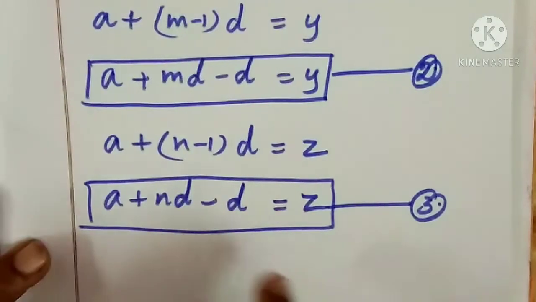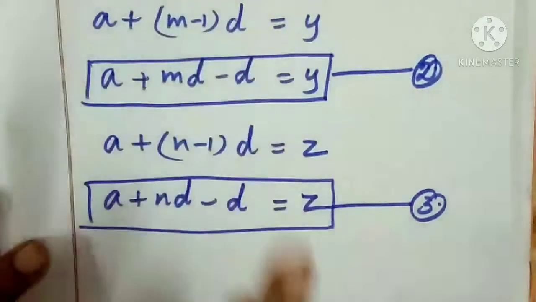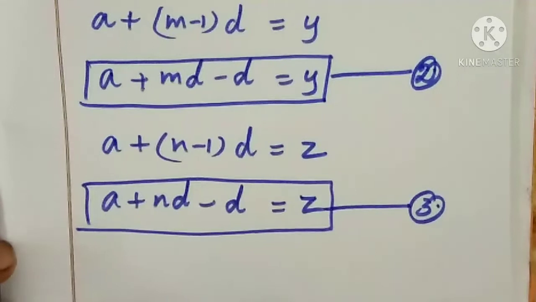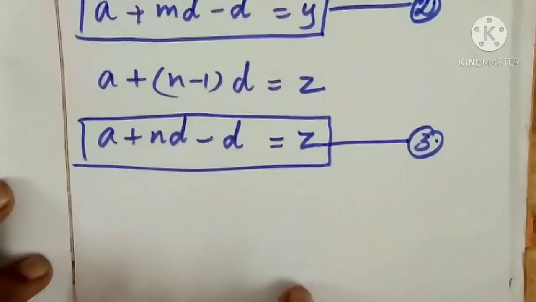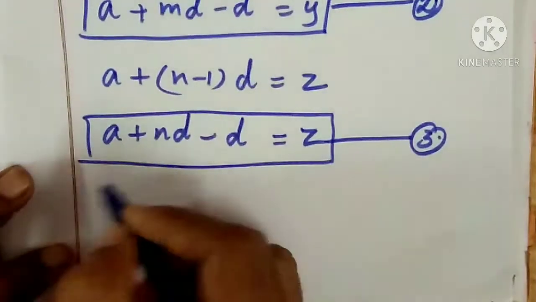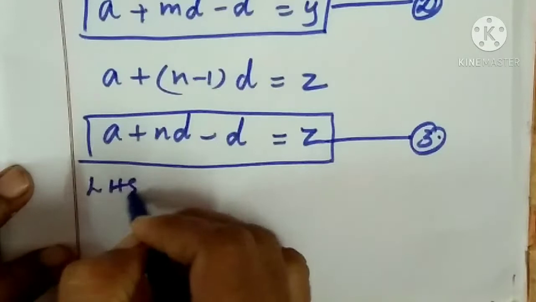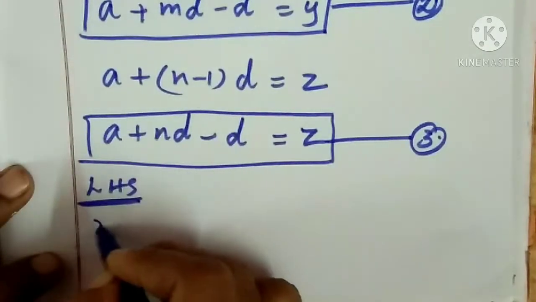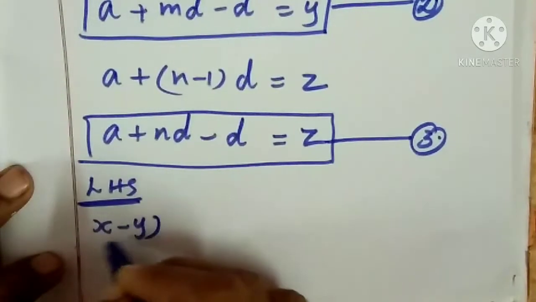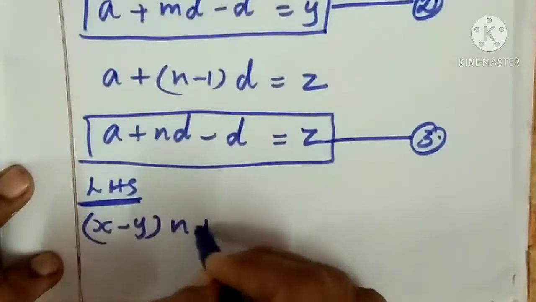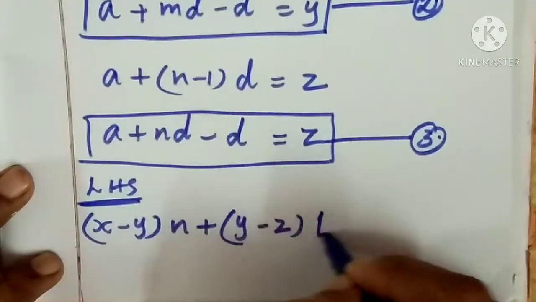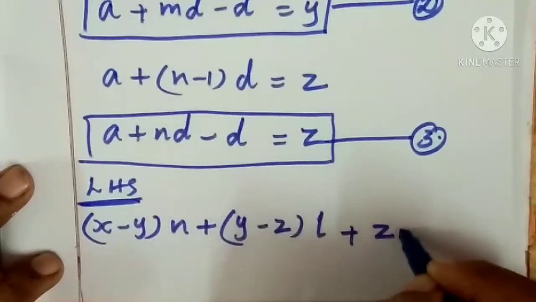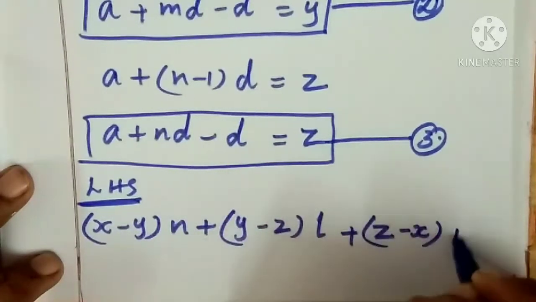Now you have to apply these equations in the LHS term. Let us take the left hand side, that is x minus y into n plus y minus z into L plus z minus x into m.